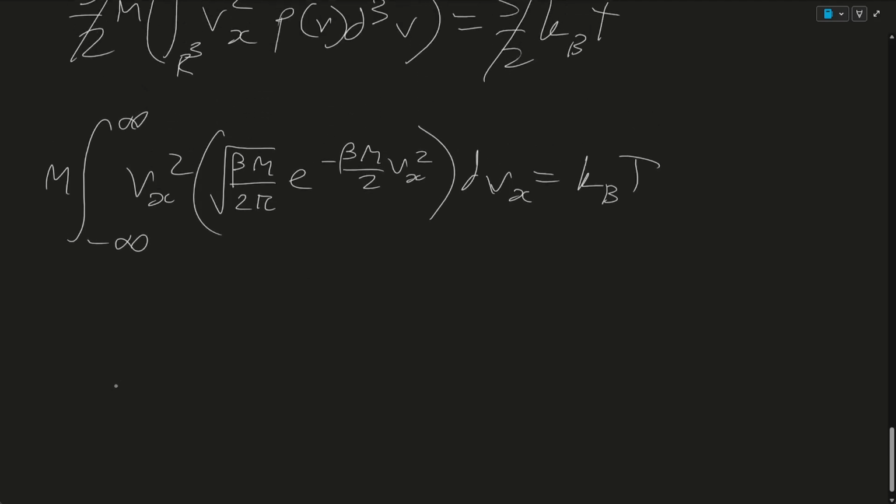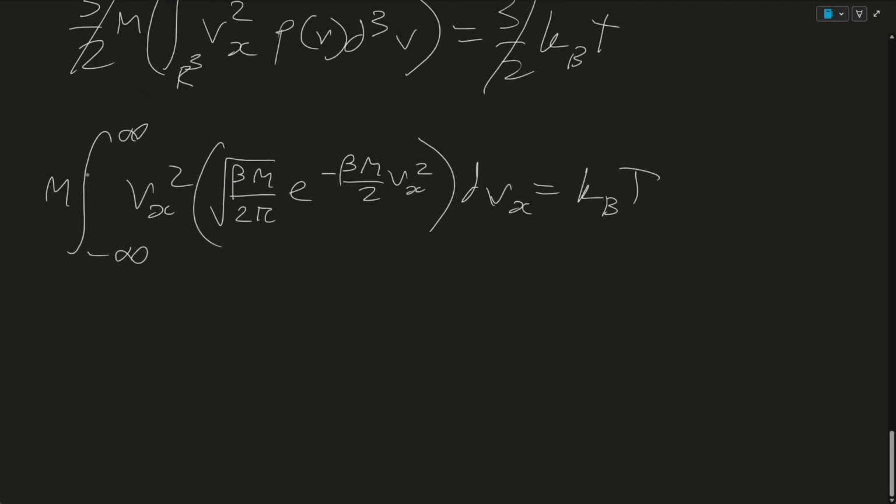Now we're going to sub in a variable lambda and do some trickery to find out what beta is.